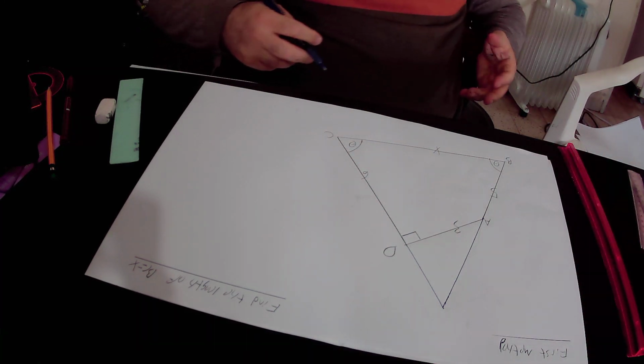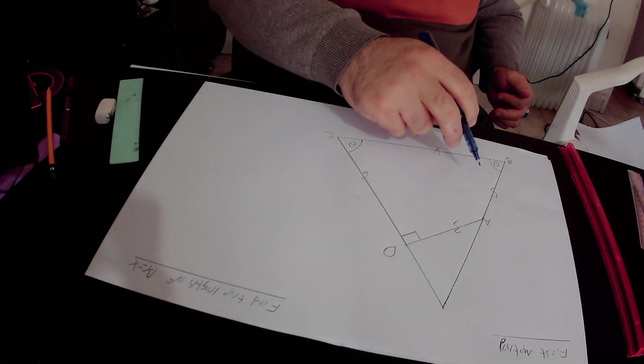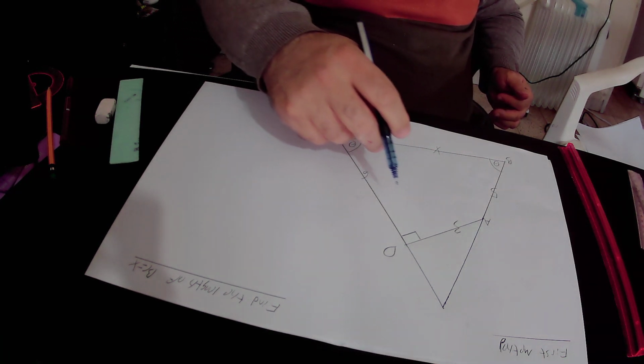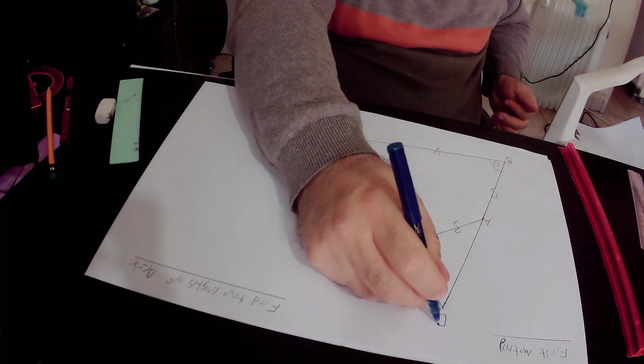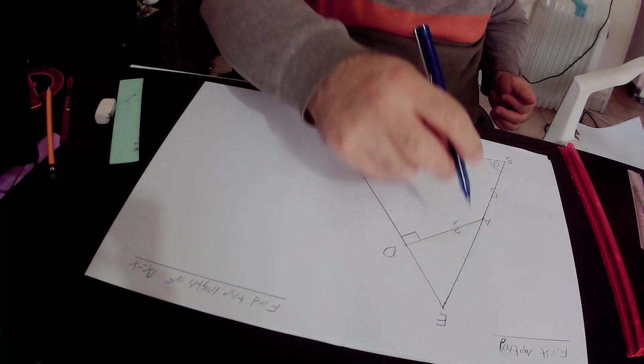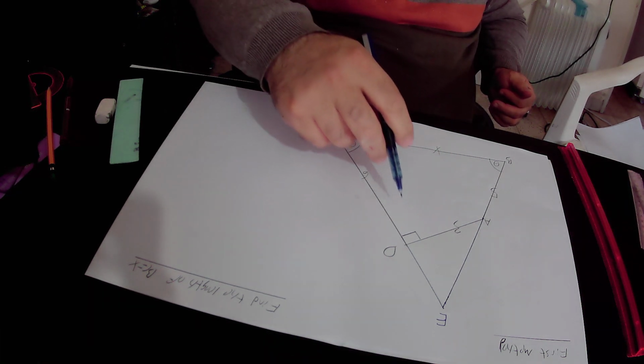So the intersection point, or the touching point, between extended line segment BA and extended line segment DC will be defined as E. Again, point E is the touching point between extended BA and extended line segment CD.